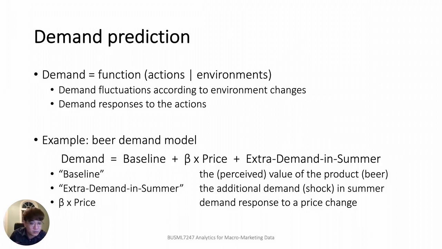Without knowing those components, our prediction would be inaccurate. In this lecture, we focus only on the first component, the demand response to the action. The second component, environment, will be discussed later.